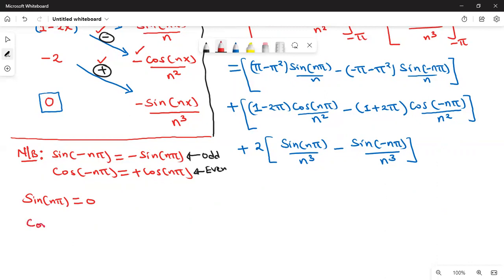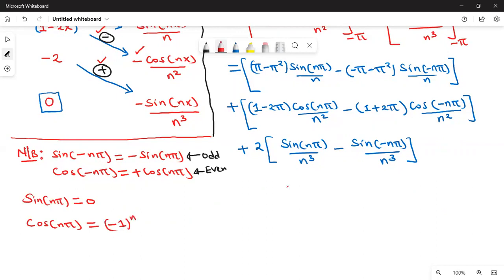Cosine of n pi will always give you -1 raised to n.